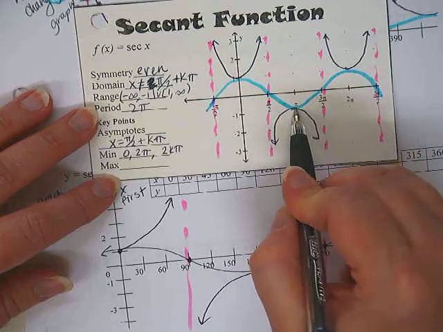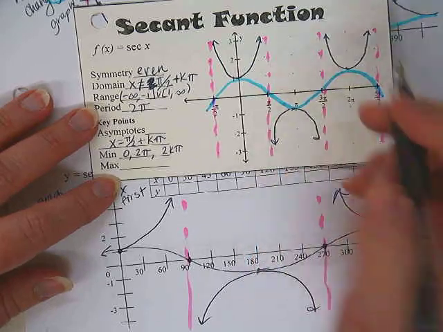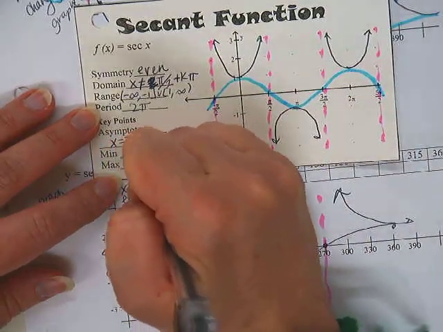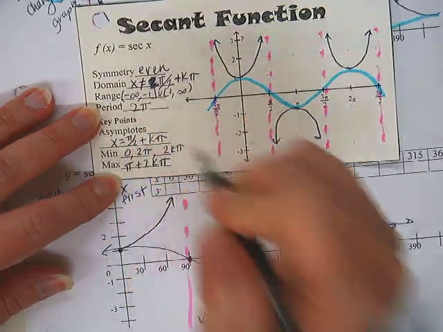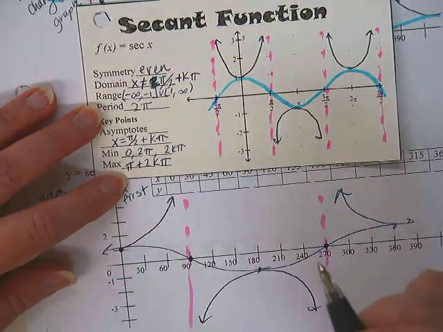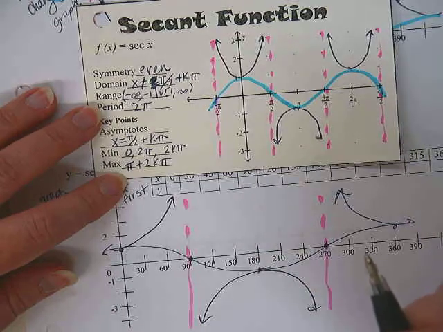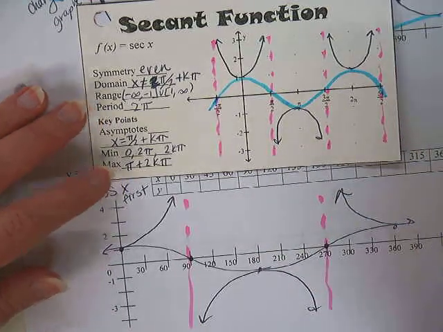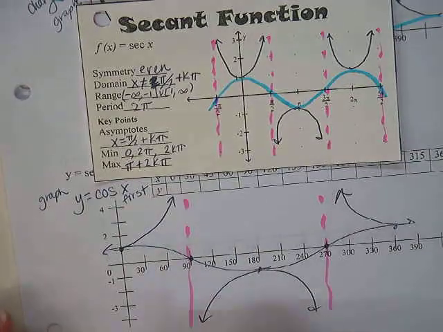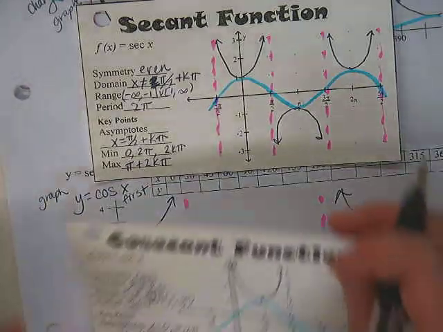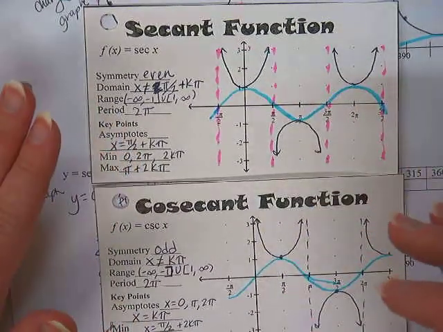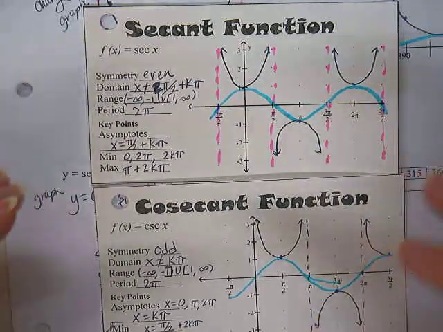And then your local maximums will be where? pi plus 2k pi. So that'll be the odd ones. 1 pi, 3 pi, 5 pi, 7 pi. Correct?